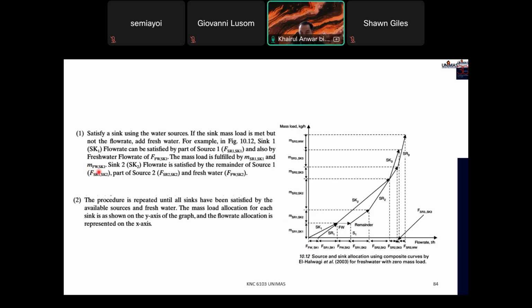Part of source two starts here, and the fresh water after, for SK2. Here, started at this source for SK1 until SK2.